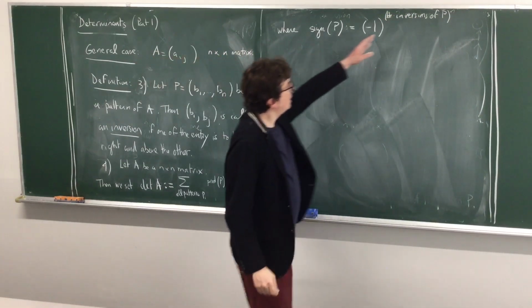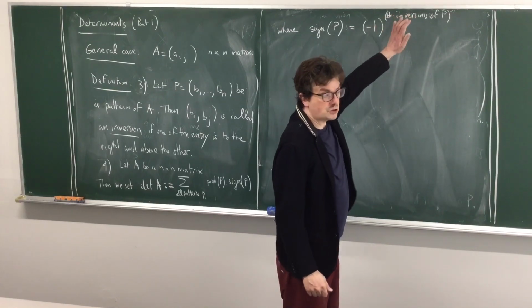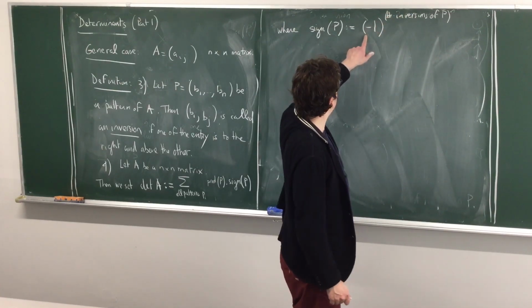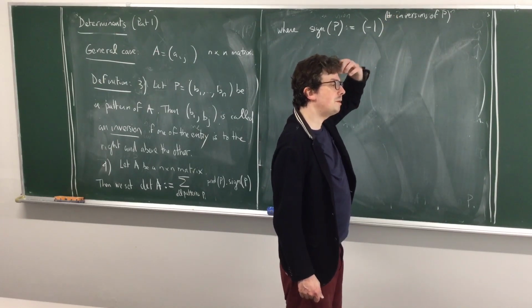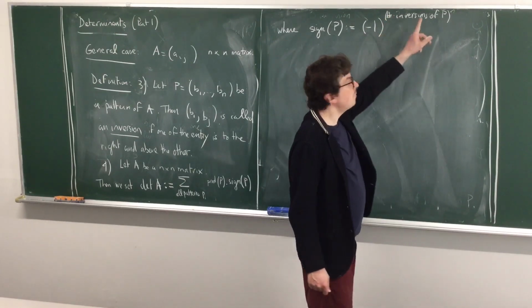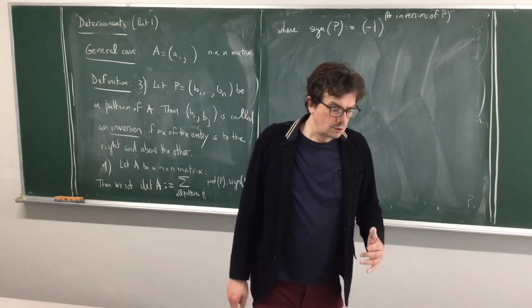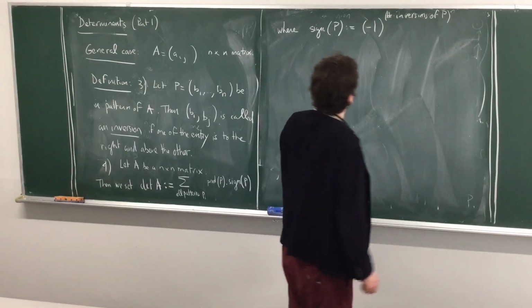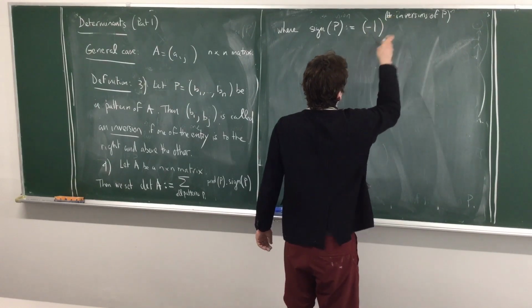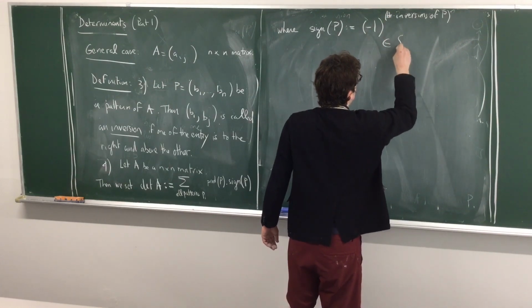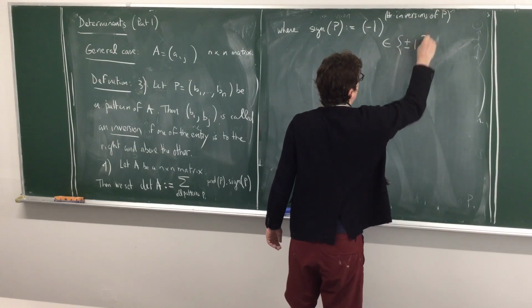Namely, if the number of inversions is an even number, we get (-1) to some even number, so it will be +1. If the number of inversions is odd, something like 1 or 3, for example, this will be (-1) to the 1, so it will be -1. So this value is always plus or minus 1.